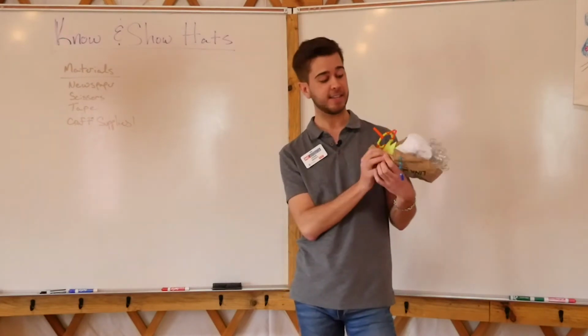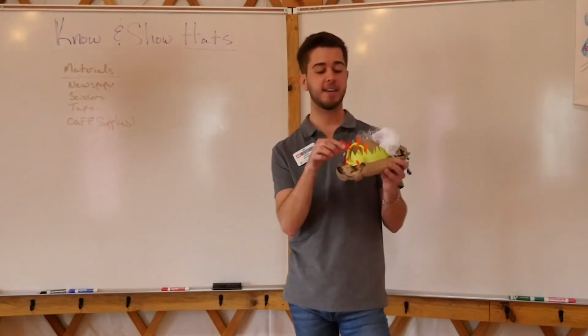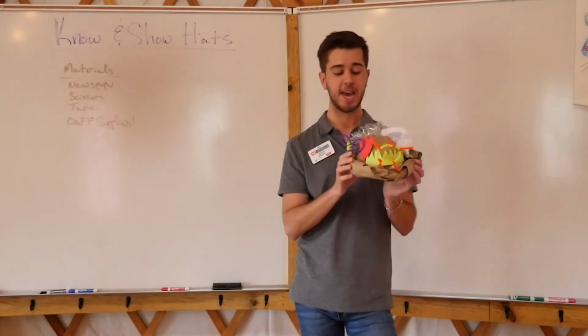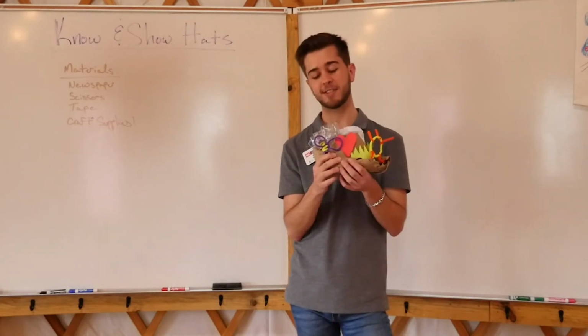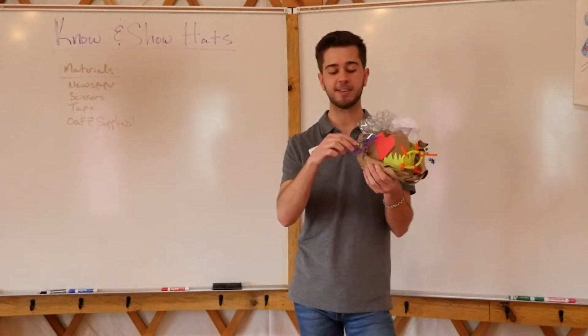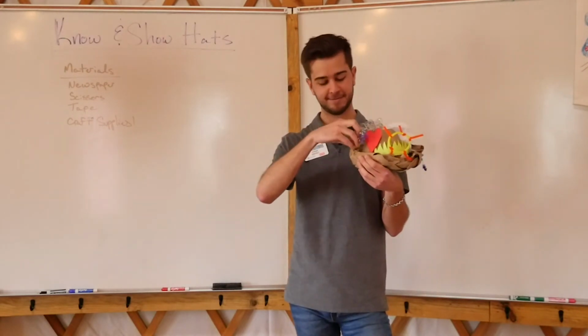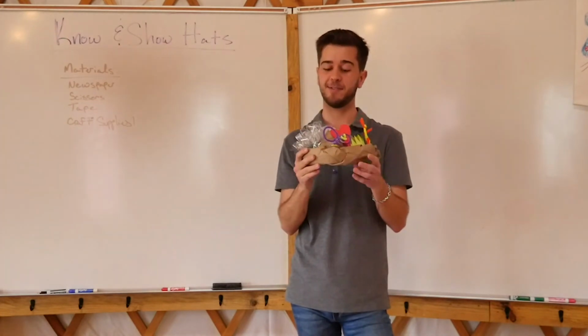My plant is going to live in a field, so I cut up a ton of grass. And then the sun, I used some pipe cleaners to make a little sun. And then I also added love, because plants need love in order to grow. And then I also added a little pollinator, a little bee onto my hat. He fell off. Because those are also important for our plants to thrive.